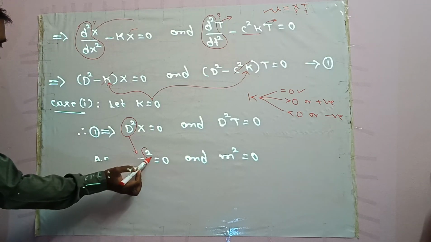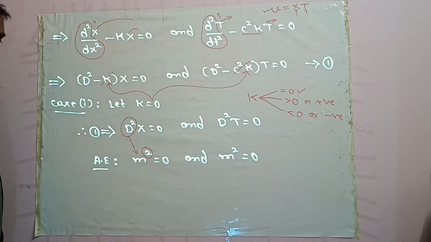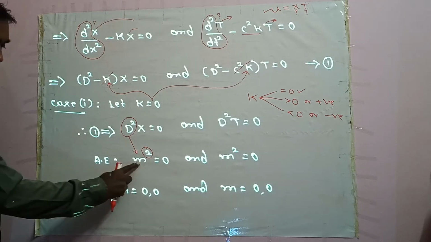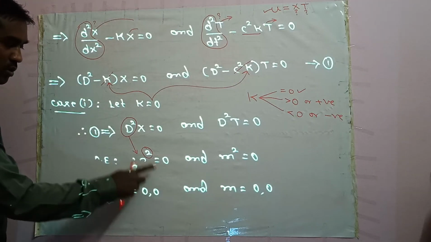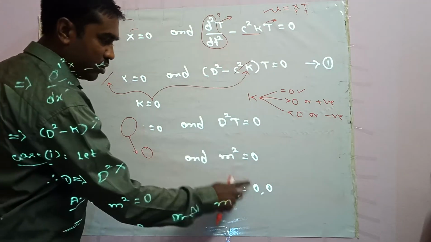Since it is a quadratic equation, we have two roots for this equation, that is m is equal to 0 and 0. So m is equal to 0, 0 are the two roots for this quadratic equation. Again m is equal to 0, 0.